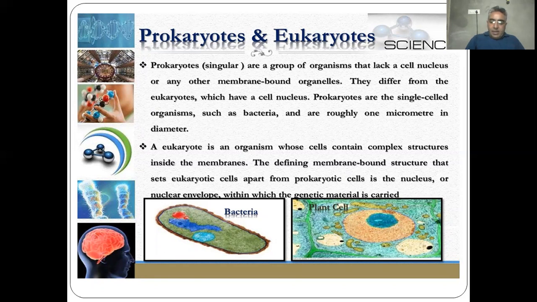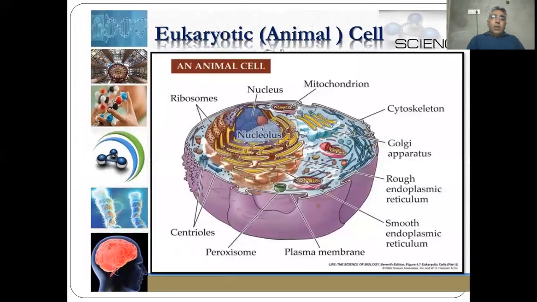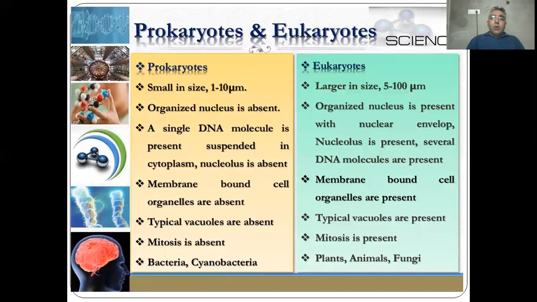Bacterial cell and plant cell are shown here. After that, you can see the different parts of the eukaryotic cell or the animal cell, in which the different cell organelles are shown. Plasma membrane, mitochondria, cytoskeleton, Golgi apparatus, all the cell organelles are shown here. And now you can see the difference between prokaryotic and eukaryotic cells. Prokaryotic cells are small in size, that is 1 to 10 micrometers.